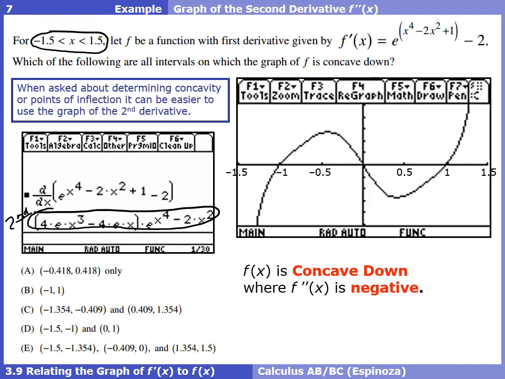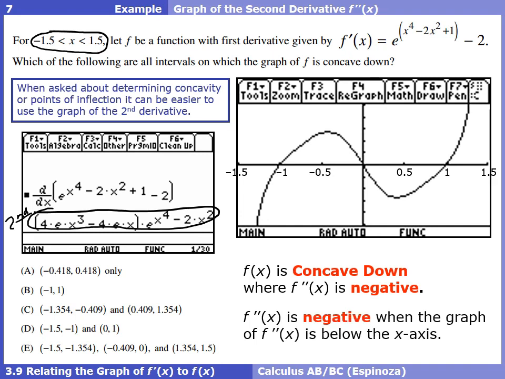How do we translate that into what we need from this graph? The second derivative is negative when the graph of the second derivative is below the x-axis. This graph is below the x-axis in this region and in this region. If you look at these values, you'll notice that it's from negative 1.5 to negative 1 and 0 to 1.